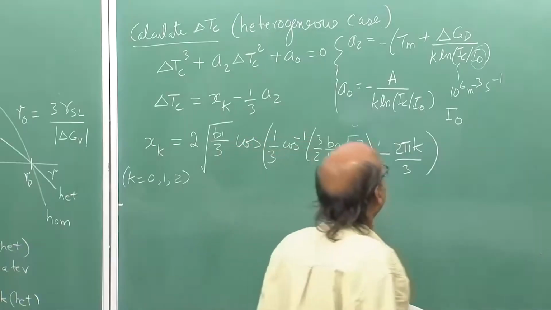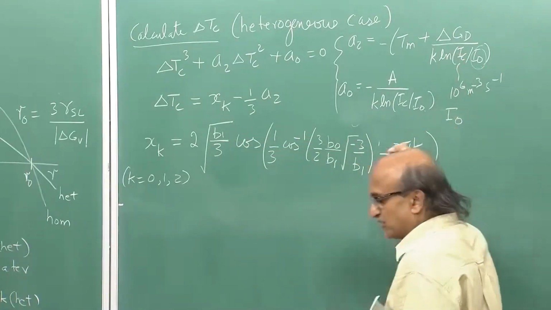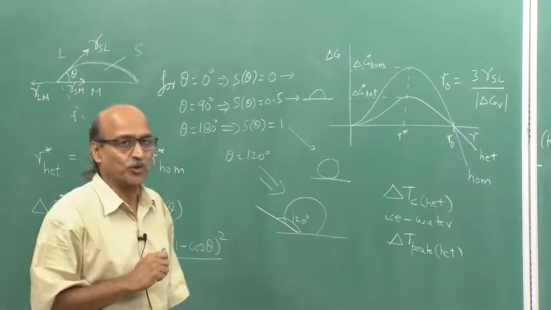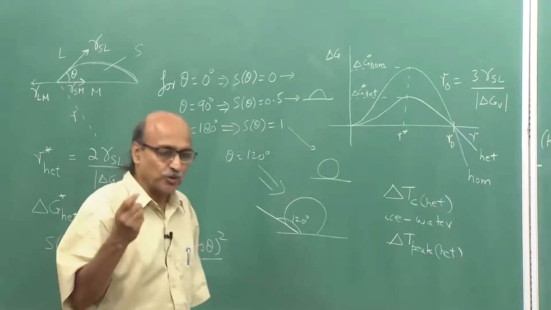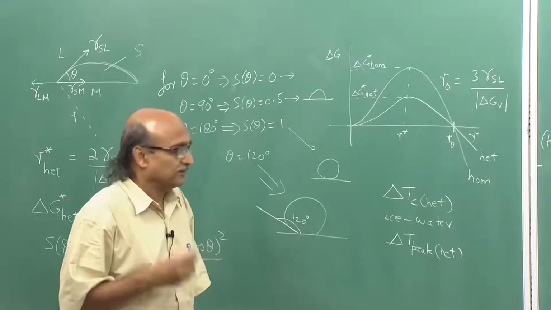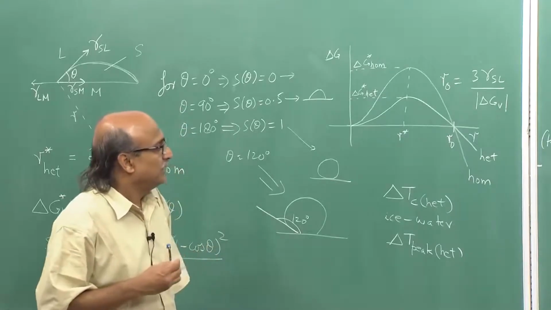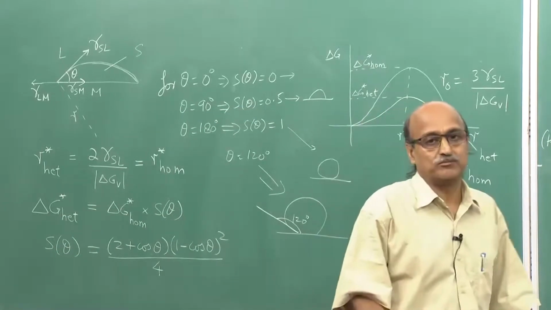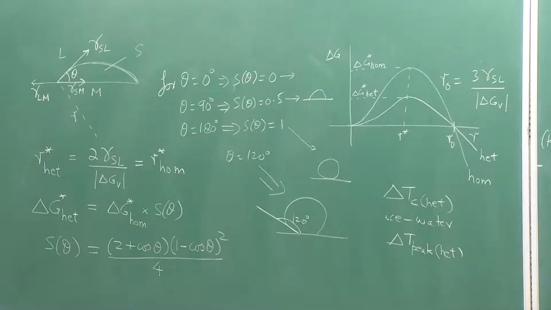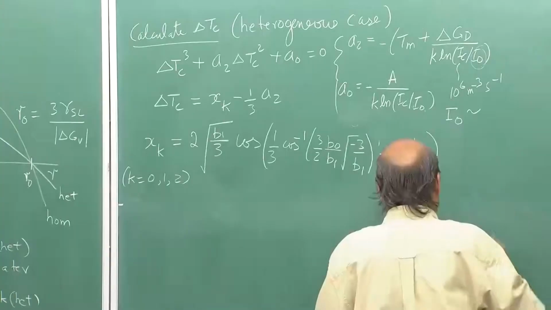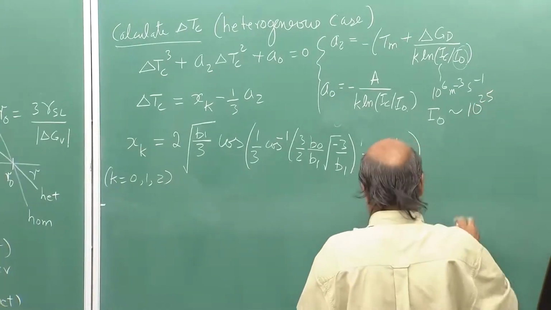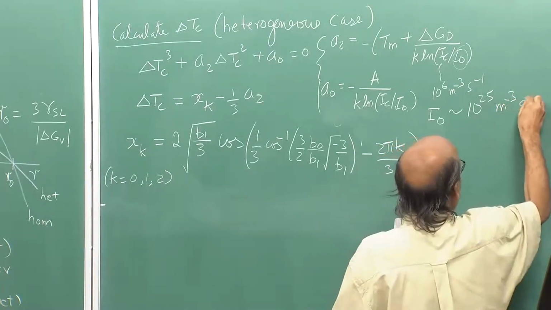Now for I0, everything else is same, but in the case of heterogeneous nucleation, the site density would be quite different from the homogeneous nucleation case. In the case of the homogeneous nucleation, we had basically taken every atom as a site of nucleation. Here it is going to be dependent on what is the density of the heterogeneous site. So let us assume a value which is quite practical in many cases, that I naught is 10 to power 25 per meter cube per second.